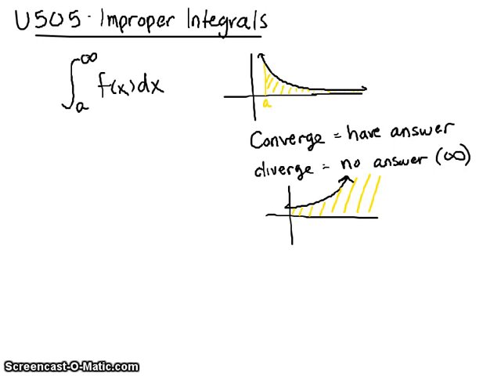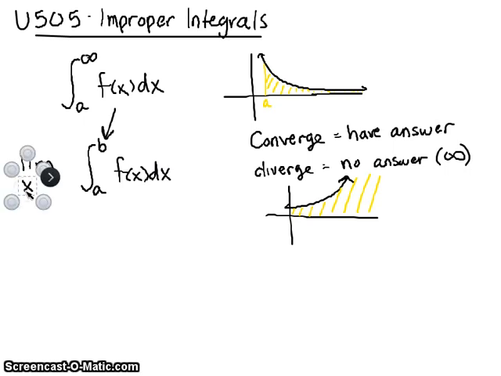Now, how we're going to find the improper integral is we're going to rewrite our integral and say from a to b of f of x dx. And then we're going to take the limit of that integral, not as x, but as b approaches infinity.